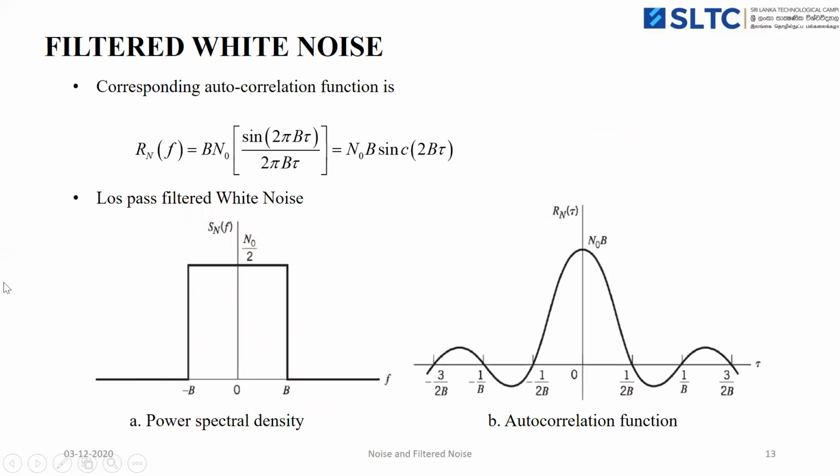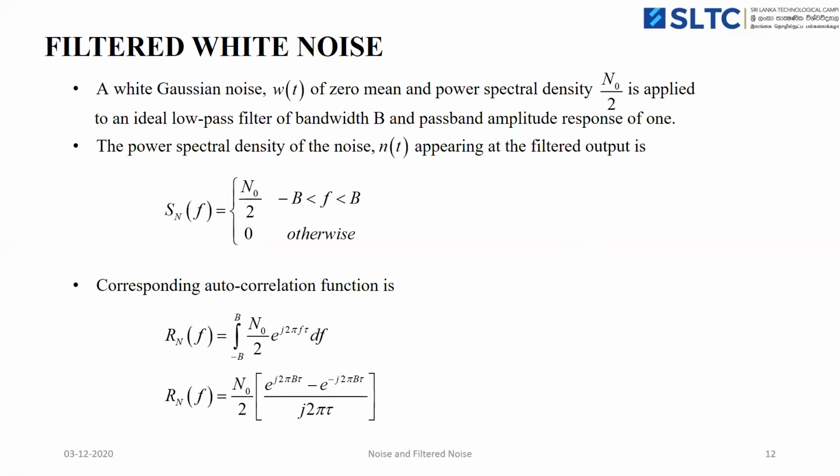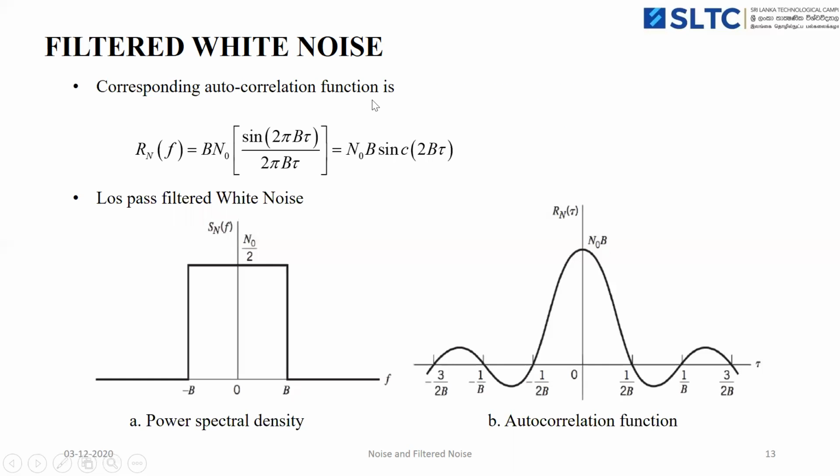So the autocorrelation function of the filtered white noise equals N0 B into sine of 2 pi B tau divided by 2 pi B tau. Since in the numerator you can see there is a B, we are multiplying both the denominator and the numerator by B.